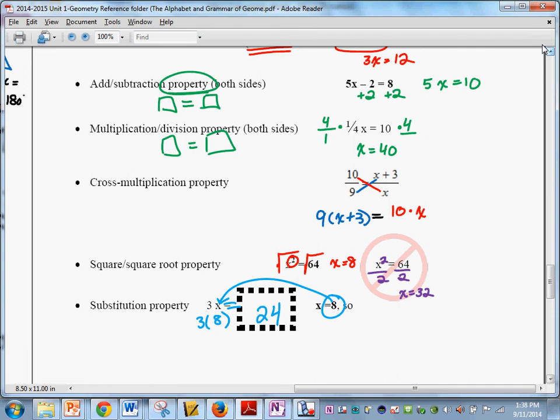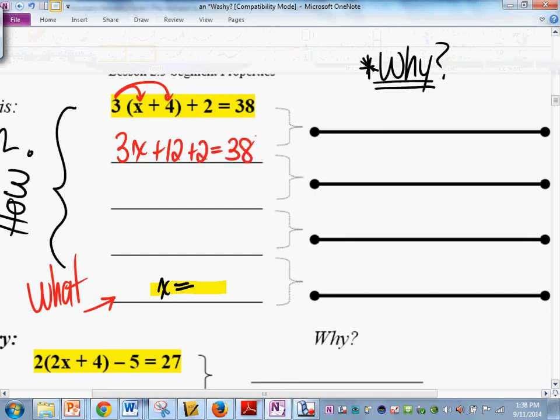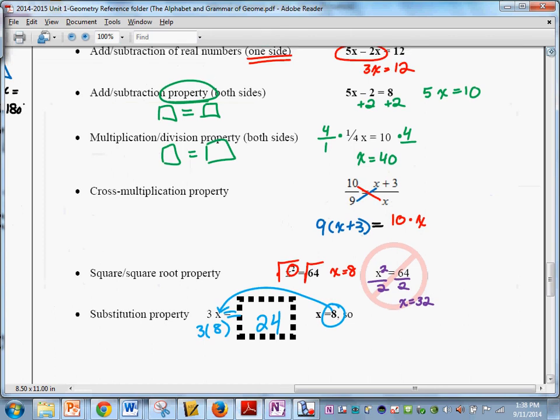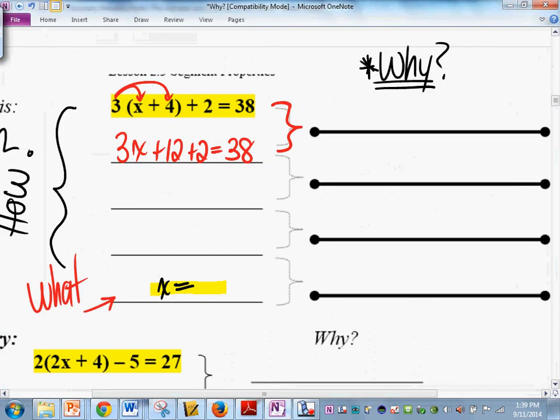Keep it right there. Ready? Go back to this page. Let me show you what I mean here. Let's actually solve this step by step. Step 1, we do this. What was the algebraic property from this page that gave you the permission to take that step?